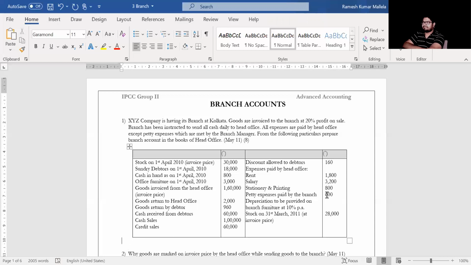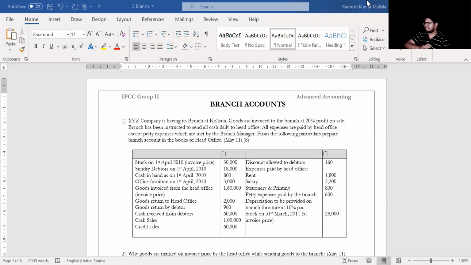Now, first of all, what type of problem is this? This is just a casual problem where he has given details of everything, and he wants you to prepare a branch account.